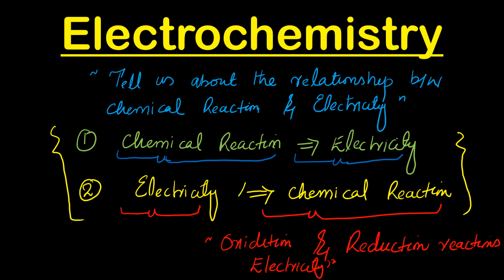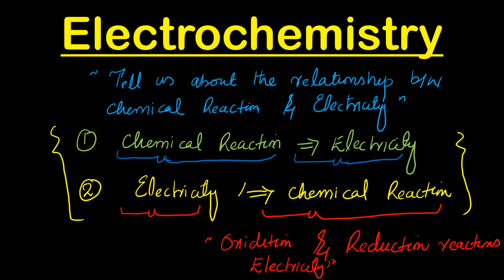So if I simply conclude, electrochemistry is a branch of chemistry which deals with the study of electricity and chemical reactions. The relationship of electricity and chemical reaction takes place in electrochemistry in two ways. In the first way, we study the chemical reactions that cause electricity by oxidation reduction reactions.